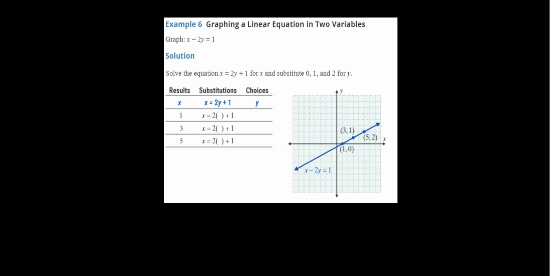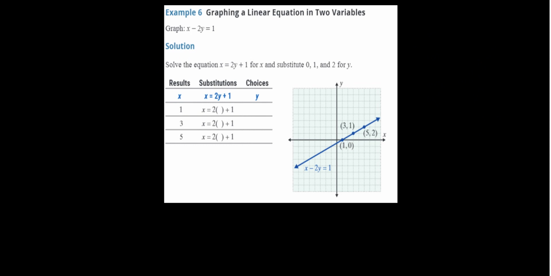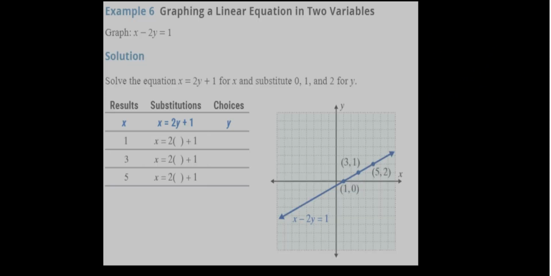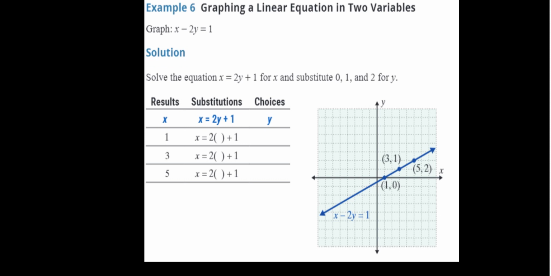And let's make it a little bit larger so I have a little bit more room to work here. Maybe that might help. Okay, so if I plug in a 0, and a 1 and a 2 for y. And again, we see we're just plugging in to the y in that equation.